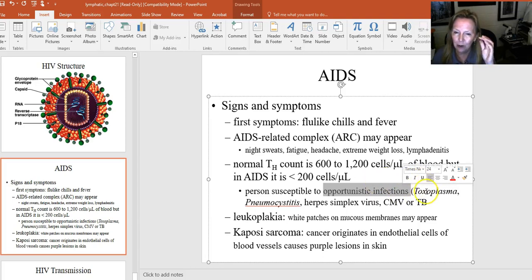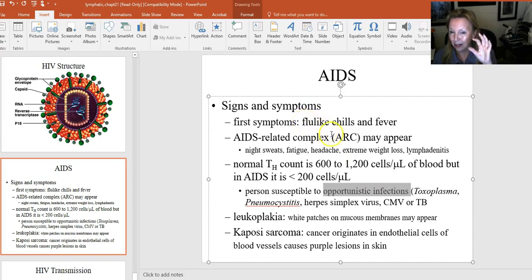By the way, you'll see some of the things that AIDS patients die from. They die from pneumocystis pneumonia, herpes encephalitis, Kaposi sarcoma, tuberculosis, toxoplasmosis. They die from things that you don't see people with strong immune systems dying from or even getting disease from. That's what an opportunistic infection is. They do not die from the HIV virus.